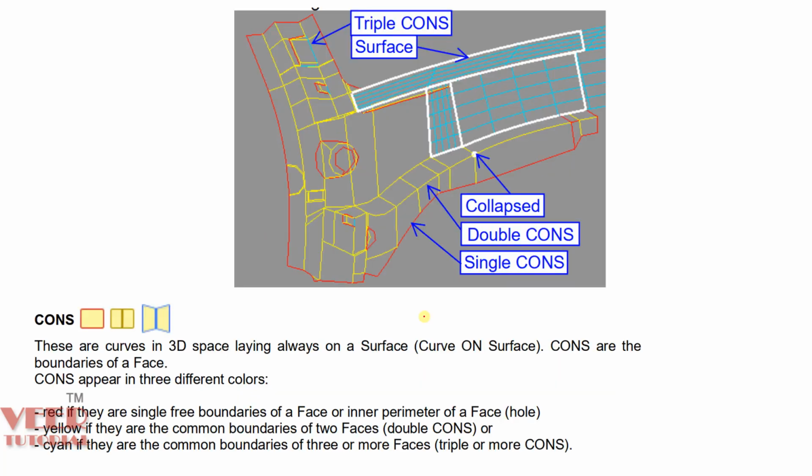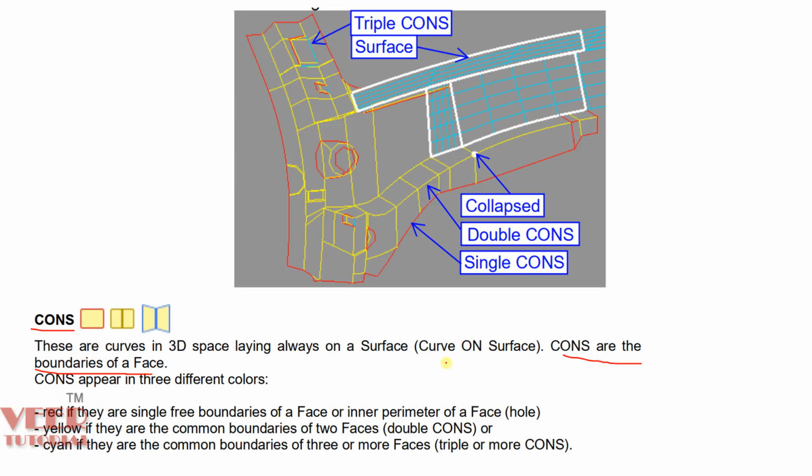Now, let's understand the terminology of surfaces. In ANSA, you will see the term cones. Cones are basically the boundaries of a face. So you can also call a surface a cone; these are interchangeable terms that we use in ANSA.